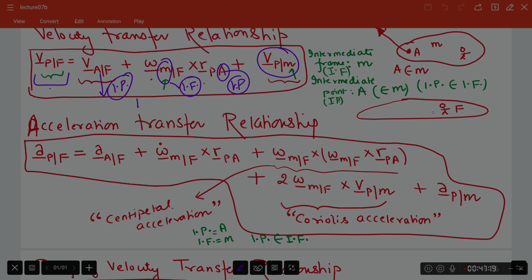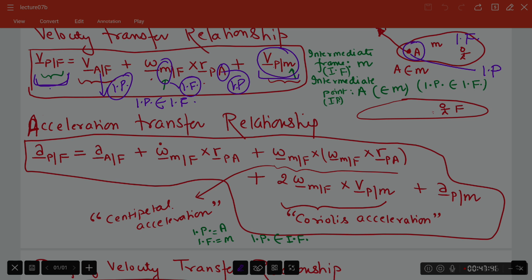An intermediate point must be fixed in the intermediate frame. That's what is happening here. So this is my intermediate frame and this point is my intermediate point. These two items, an intermediate frame and intermediate point, are enabling me to write VPF in terms of VPM.